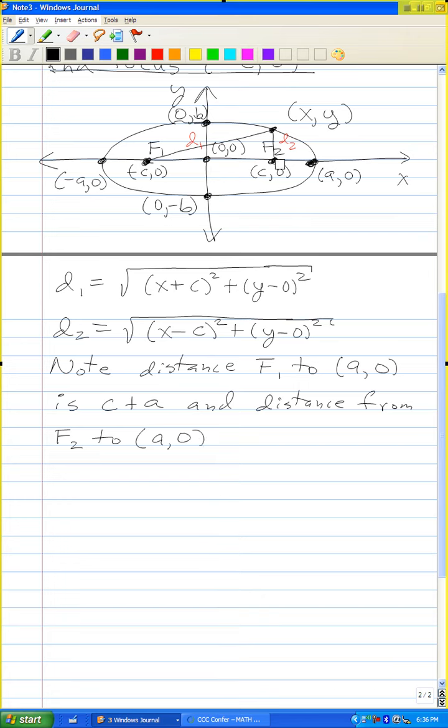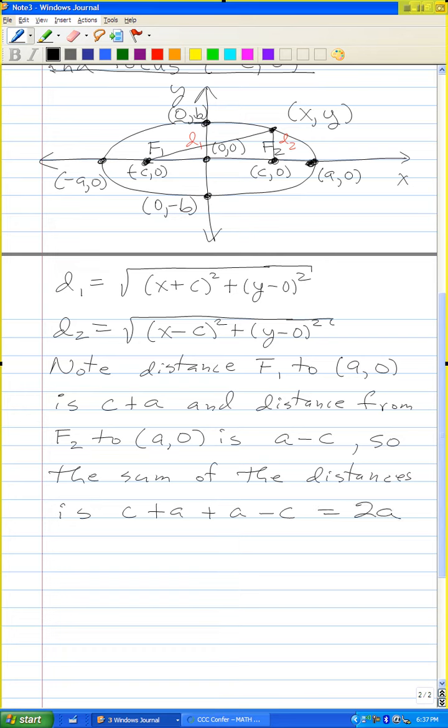So this distance here will be, well, it's just going to be A minus C. So thus, if you add these two distances together, the sum of the distances is, well, C plus A minus C, which is 2A.